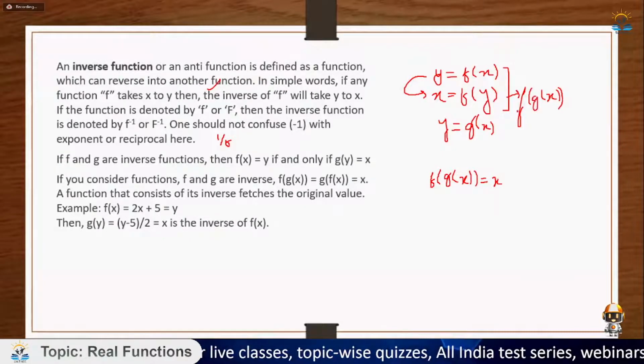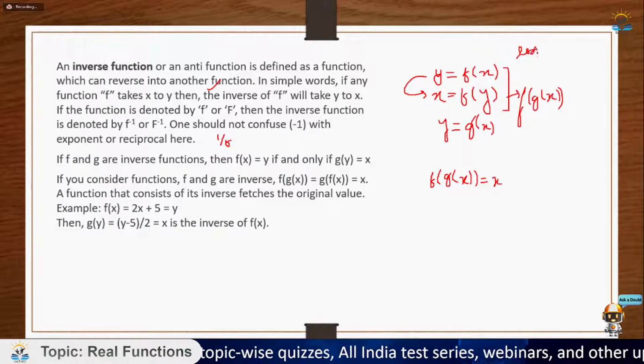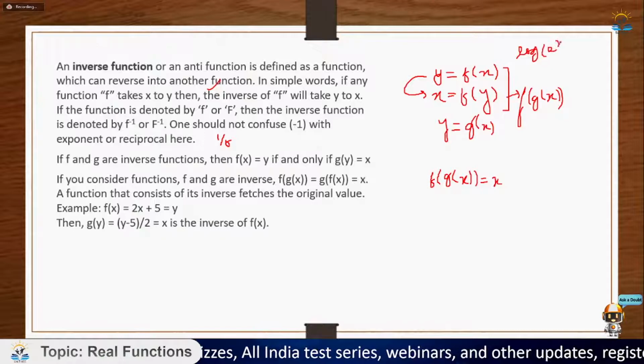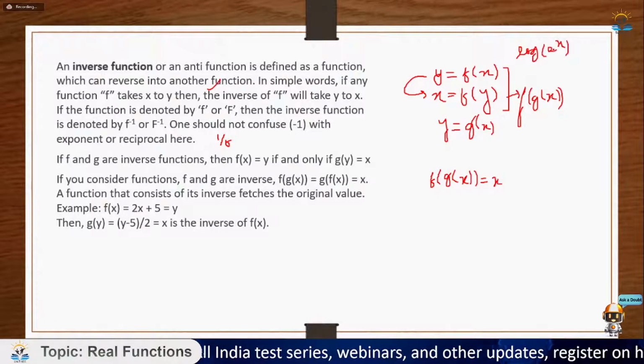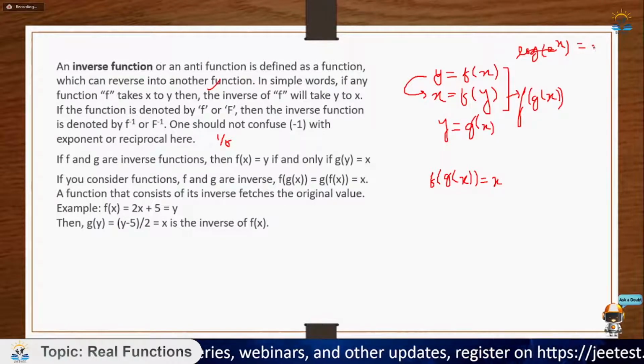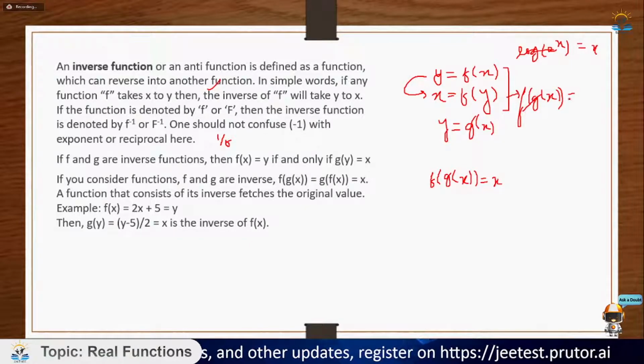And since we know that f and g are inverse of each other, so if we know that log and e are inverse of each other, what we basically do, if it is written to us as log of e power x, then we cancel log and e and we take it equal to x. In a similar way, since f and g are inverse of each other, we will cancel them, and our final answer would be x.